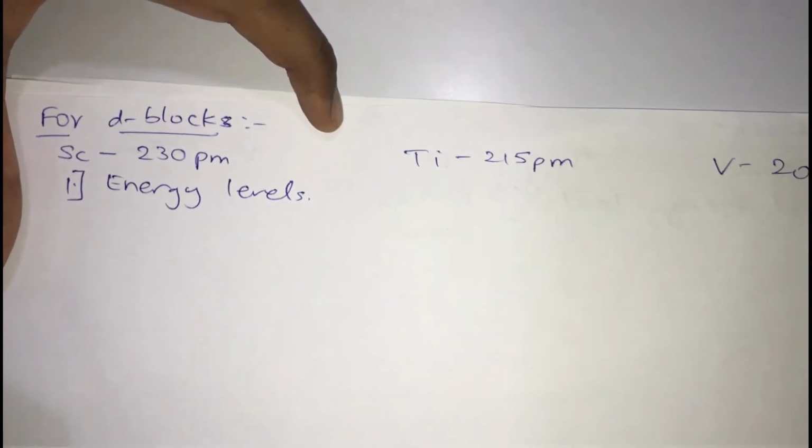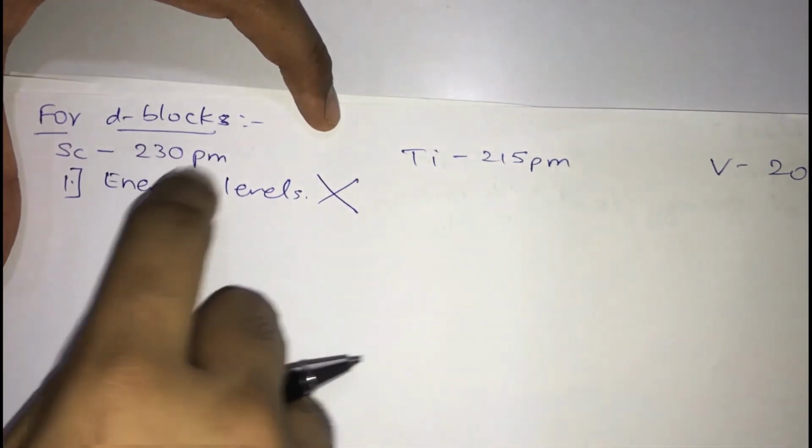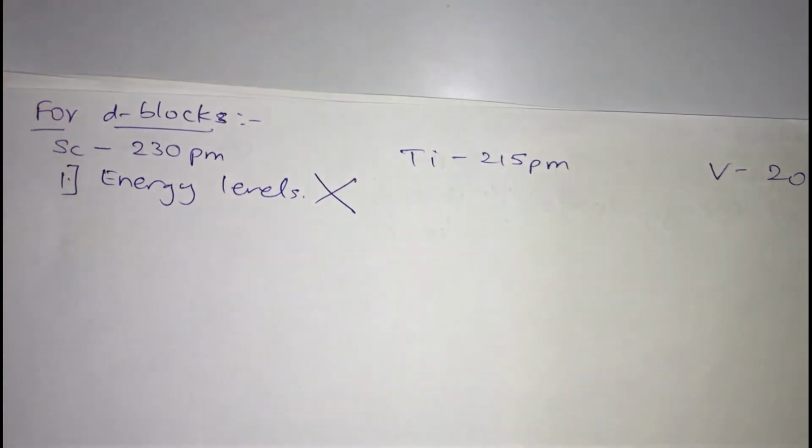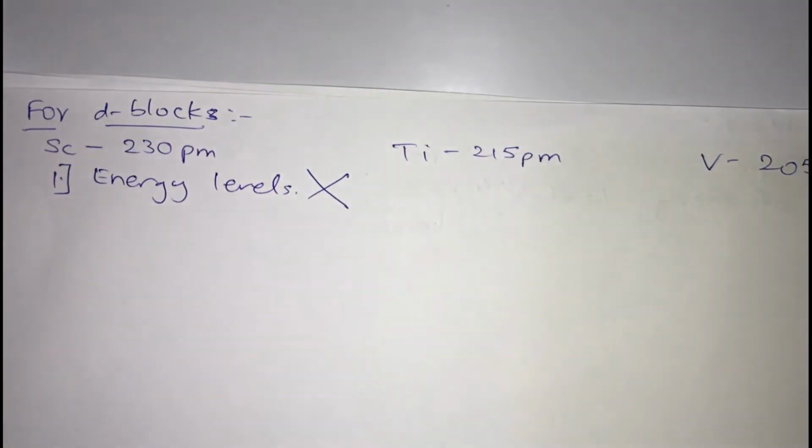Obviously not. Why? Because all of them have 4 energy levels. Why do they have 4 energy levels? Because they are present in the fourth period. So it is obvious that they will have 4 energy levels. Since all of them have the same number of energy levels, the number of energy levels cannot be the factor which is causing the difference in the atomic radius.